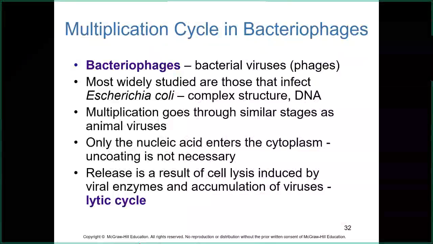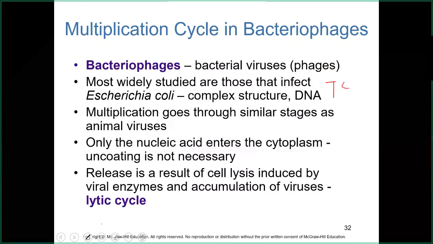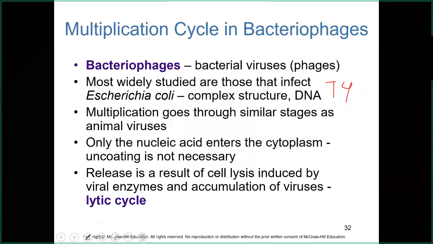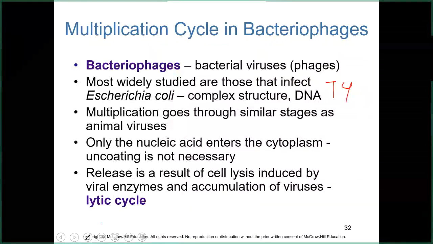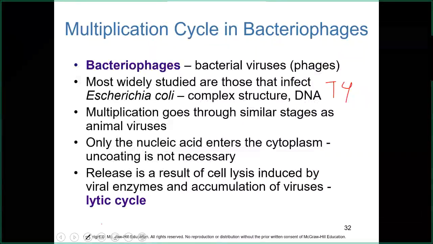There are some very commonly studied ones of these. One very famous one is called T4. The T4 phage is one that infects E. coli preferentially. And so they've used it to introduce genetic material into an E. coli to transform it and do different things. T4 was also really important in trying to figure out exactly how the genomes of organisms work.